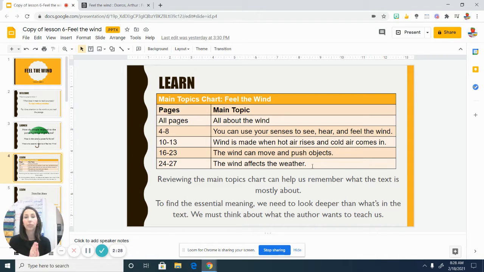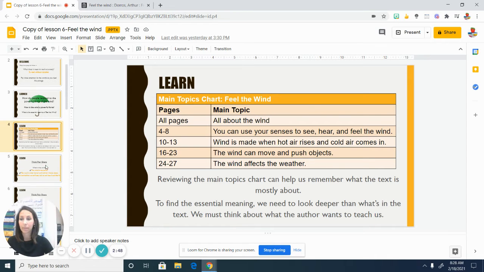What does the author really want to teach us? You can see how that's a little bit different than just what the main topic is. To help us find the essential meaning, we want to think about what all of the topics were about and see if that can give us some clues.